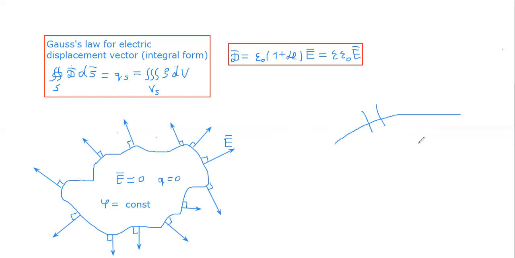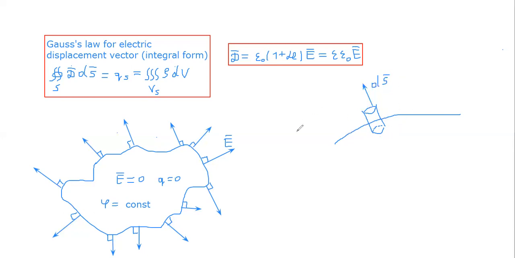Its axis is perpendicular to the surface of the conductor. This cylinder is infinitely small. The area of its base is equal to ds. It is infinitely small.